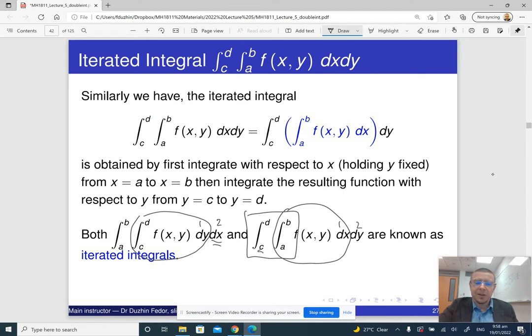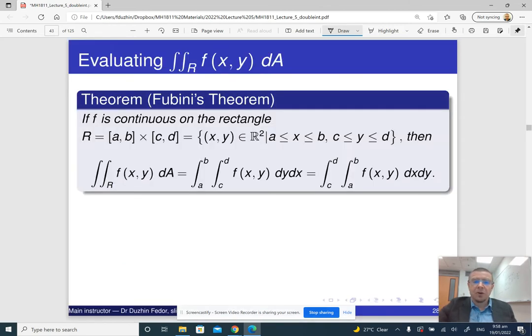From c to d means that we are going to integrate from c to d second, and a to b, we're going to integrate from a to b first, right? So here from c to d is on the left, from a to b is on the right, but it's reversed here. All right.